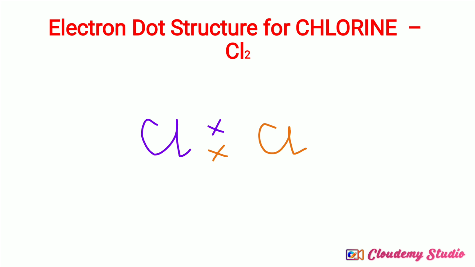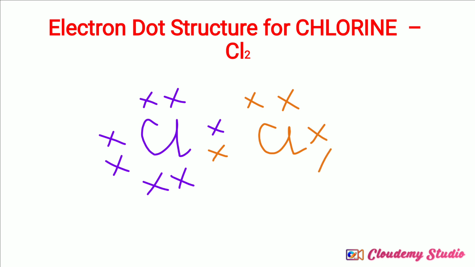Now the remaining electrons we need to mention, that is here 6 electrons, and for the right hand side chlorine atom also the remaining 6 electrons we need to draw. Now we have completed the electron dot structure for chlorine. This is the answer for the electron dot structure for chlorine.